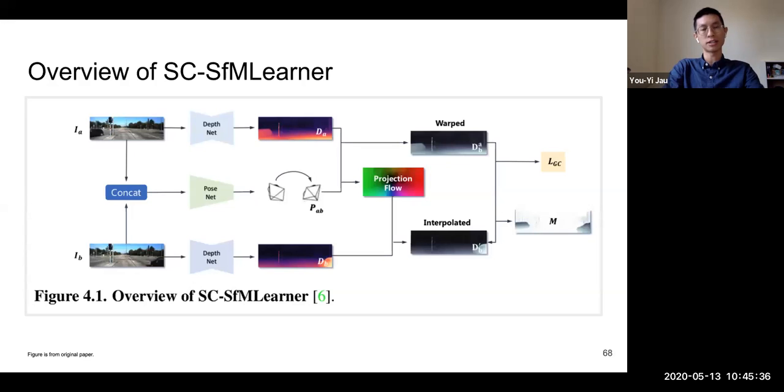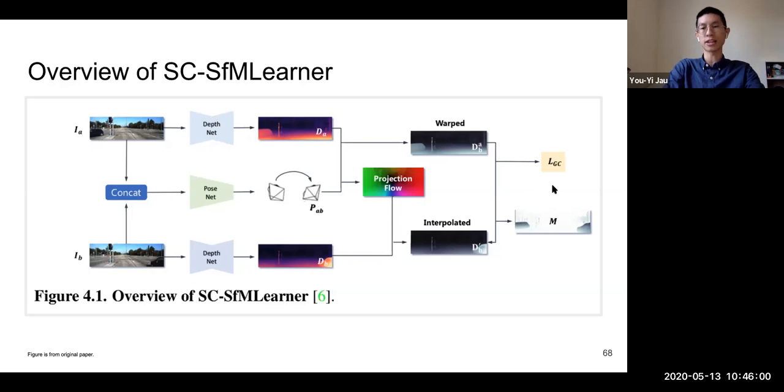Among all the deep learning-based methods, we use SC-SfMLearner, which is similar to SfMLearner. They have DepthNet and PoseNet to get the depth and pose prediction. We can then use the prediction to warp the image B to image A and enforce the photo consistency loss.